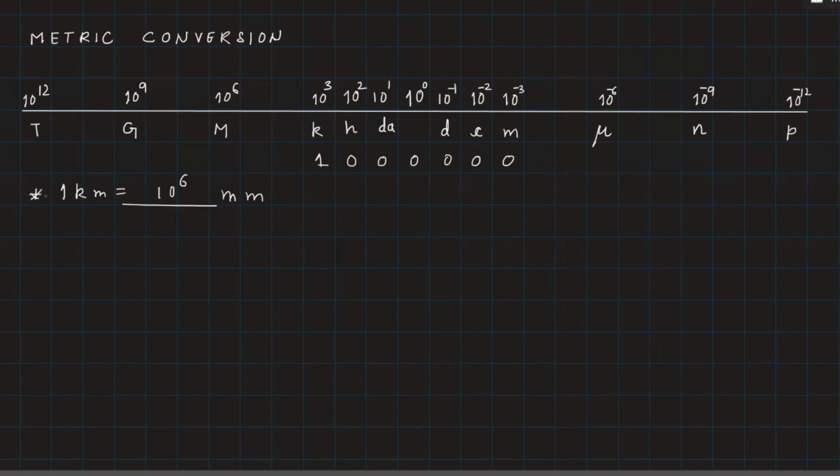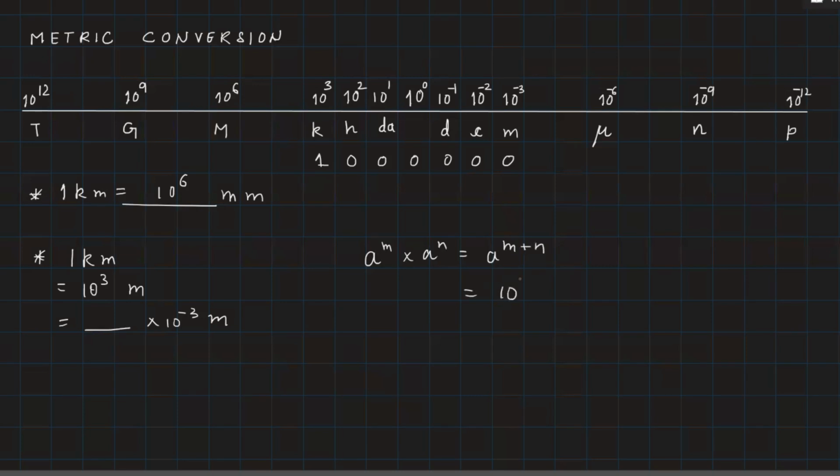Now, there is another way of doing it. If you have 1 kilometer, that will be 10 to the power 3 meters, while millimeter is 10 to the power minus 3 meters. According to the law of exponents, a raised to m into a raised to n is a raised to m plus n.